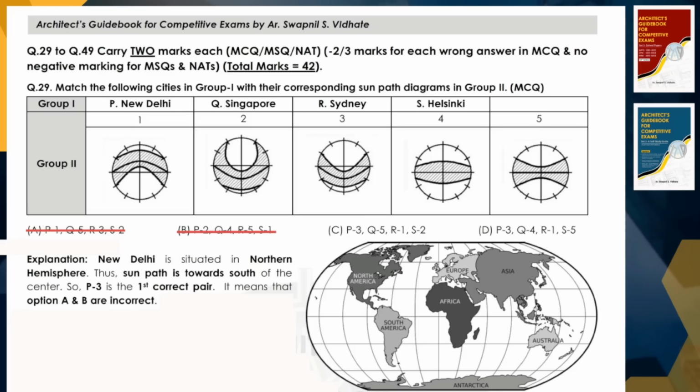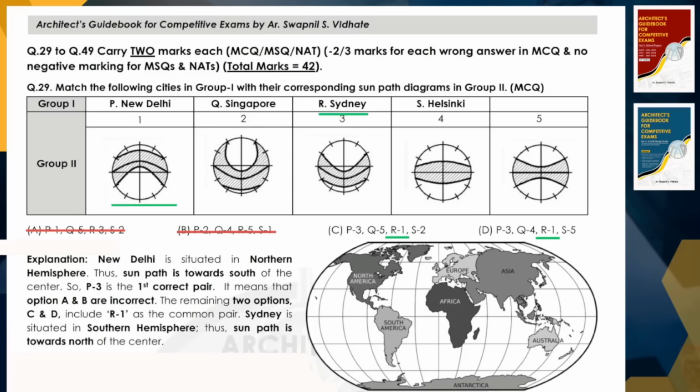Now let's focus on C and D. Both these options C and D, they have included R1 as the common pair, right? So which will be the deciding pair? Q and S will decide the final answer, right? Sydney, the Australia is situated in the southern hemisphere, so the sun path will be exactly opposite like the first pair of New Delhi.